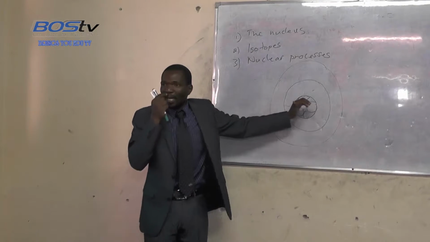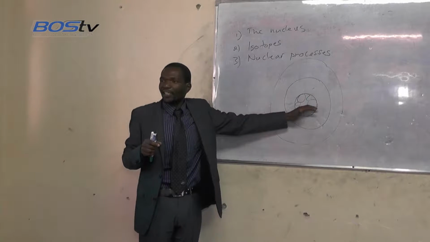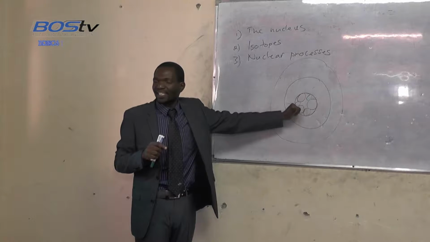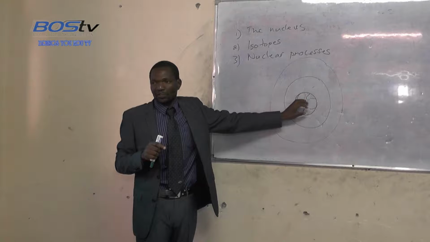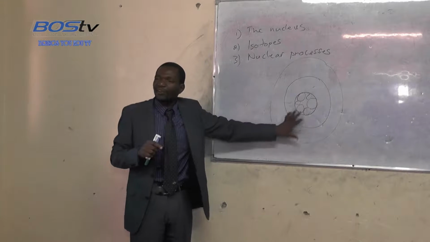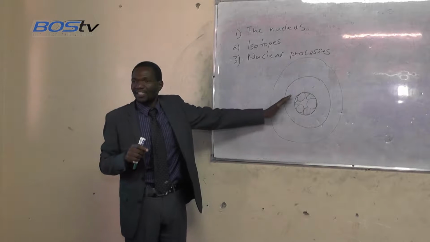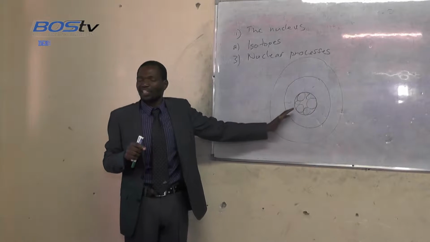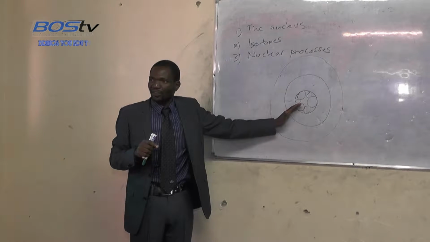But now, it happens that we can have a situation whereby we have two or more atoms having identical proton numbers but different numbers of neutrons. Are we together? In as far as chemical reactions are concerned, the proton number affects the number of electrons, so it affects the chemical reactions undertaken by a particular element.